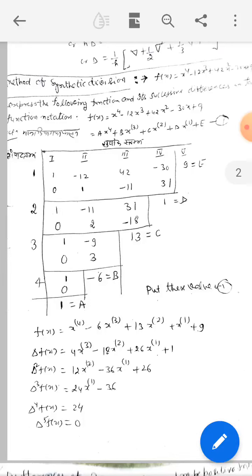In factorial notation, simple differentiation follows. Similarly we get the first difference, second difference, third difference, fourth difference and fifth forward difference. So we can write an equation in factorial notation.